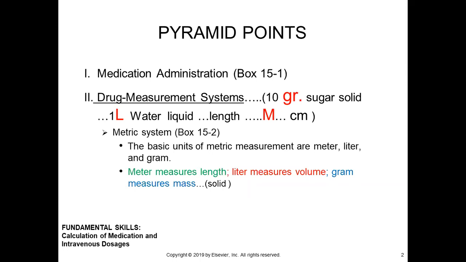And solute is dissolved in a liquid and make a solution, like 10 gram sugar dissolved in 1 liter water. So 1 liter is the unit of liquid. So to measure any length, we use the meter or centimeter.